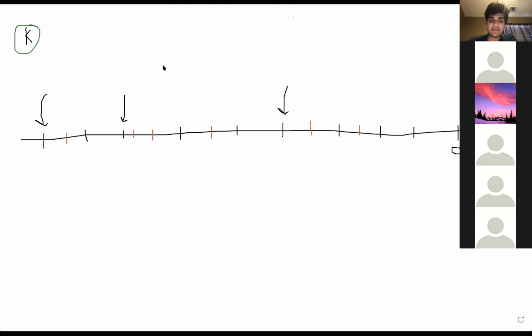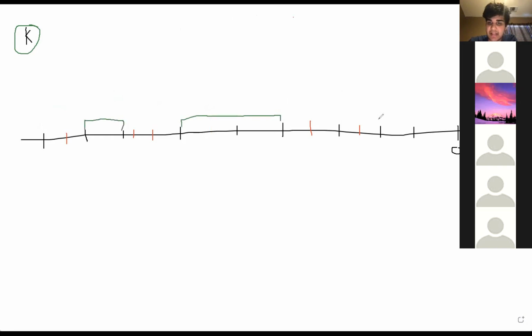So let me modify the example a bit. Okay, so you kind of see here in the diagram that there are segments of time that don't have any ancestors.